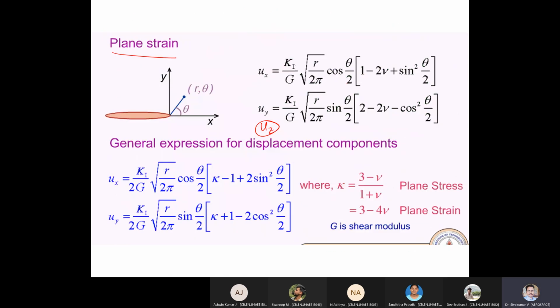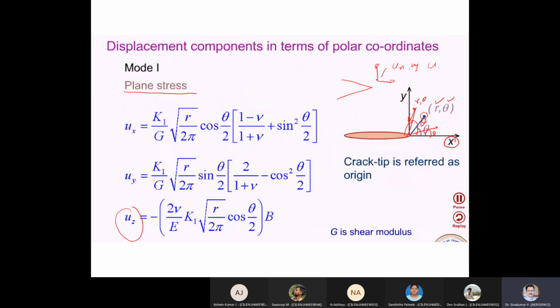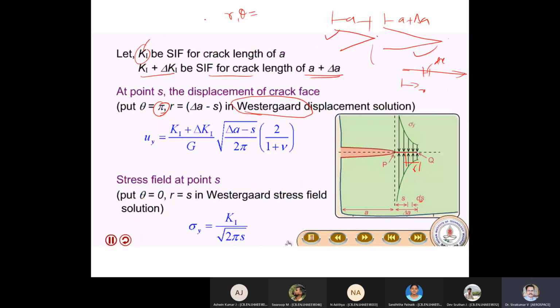Because that equation is in terms of theta and R, once I substitute those values, the equation will become like this. This is the displacement at that particular point.